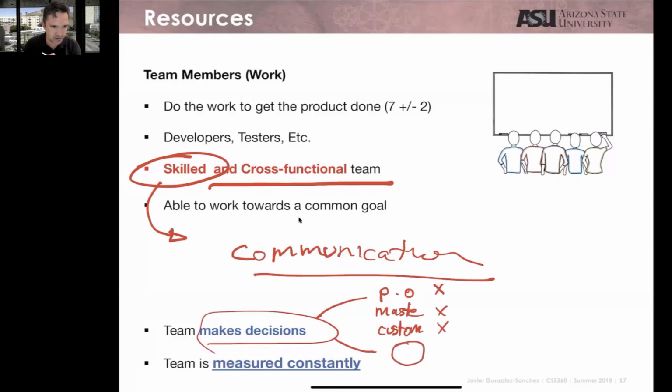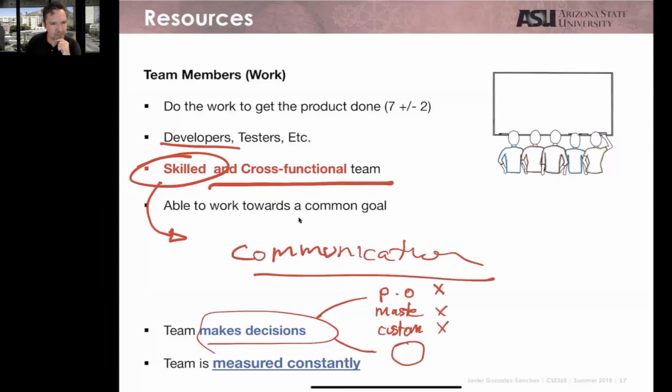The decisions are something that all the stakeholders, all the people involved, are going to take, including the customer, including the master and the product owner. They are part of the team, but also including the developers. The people involved participate in the decisions. Yeah, this is an example of democracy when you are developing software. Yeah, I agree with that.